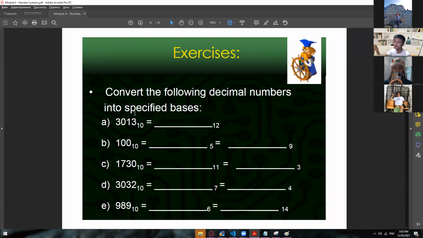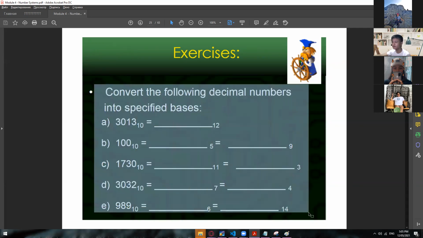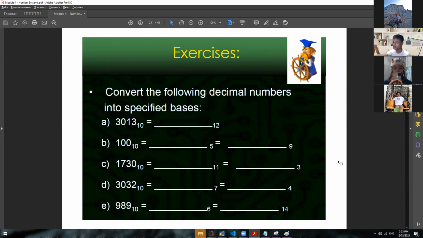This will serve as your practice exercise. I encourage you guys to answer this one, and if you're not sure with your final answer, then you can ask me. Just take a picture of your solution and send it to my Facebook account or to my Canvas. Then I will check it for you, and let you know if you were able to get everything correctly.